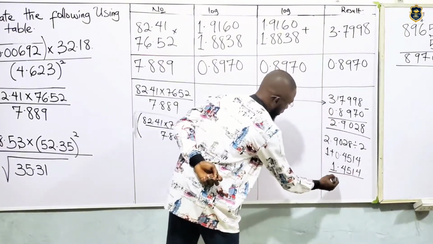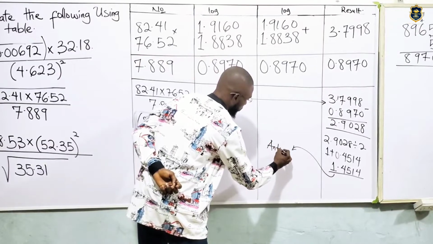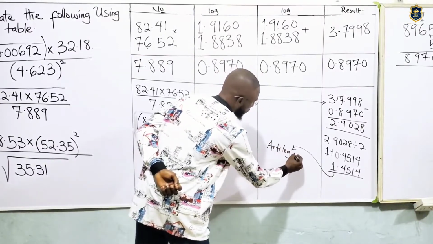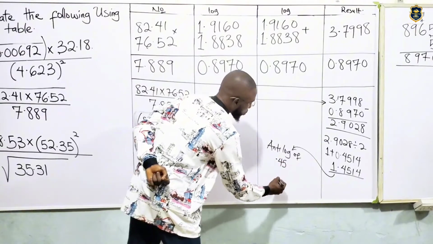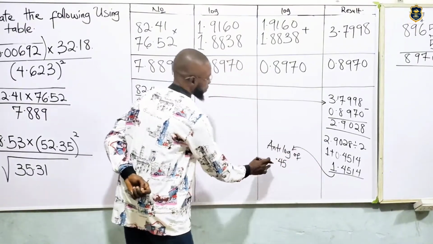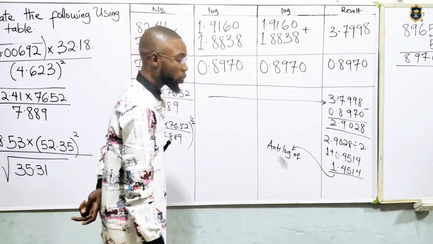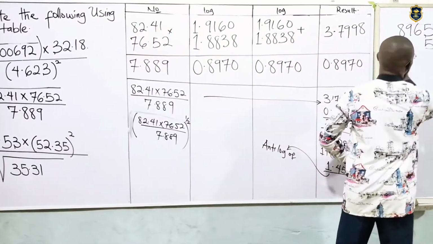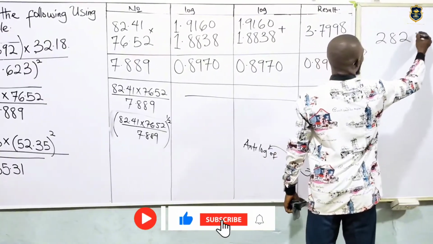So this, we are taking the antilog of this. Let's take the antilog of 0.45 under 1. What do we have? Discover if we take the antilog of 0.45 on the screen there, we have 2825.